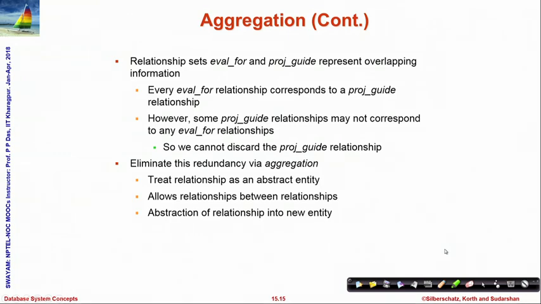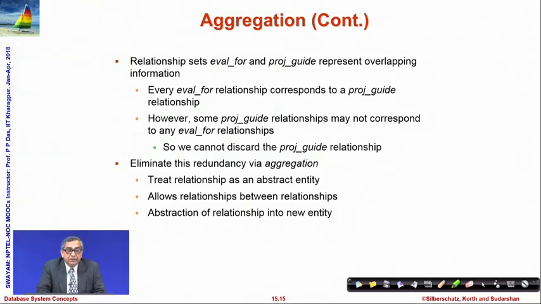We can use aggregation to eliminate this duplication or redundancy of information. What we do is treat the first relationship, the project guide relationship, as if it is an abstract entity, and then you allow a relationship between 2 relationships. This is something we did not do before. Relationship so far has always been between entity sets.